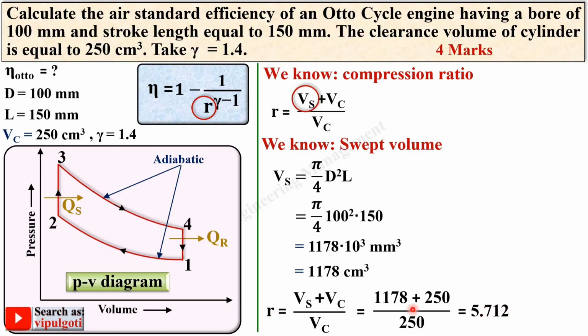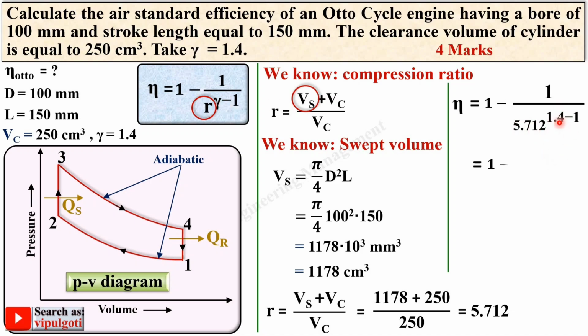Once you get this compression ratio R, you can put it over here so that you will get the efficiency of the Otto cycle. So now I am going to use this equation. Put the values over here: R is equal to 5.712, and gamma is again 1.4. Now simplify this term.